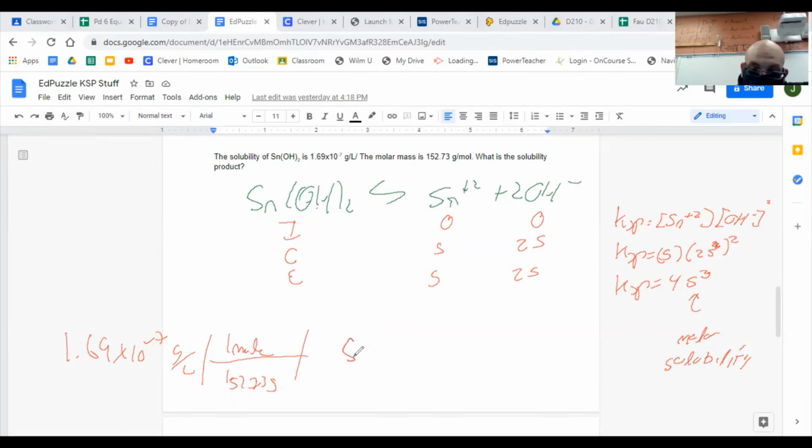So our S is 1.1 times 10 to the negative 9th, and then we can plug that in. So Ksp is 4 times 1.1 times 10 to the negative 9th cubed, which is 5.32 times 10 to the negative 27. That's Ksp.